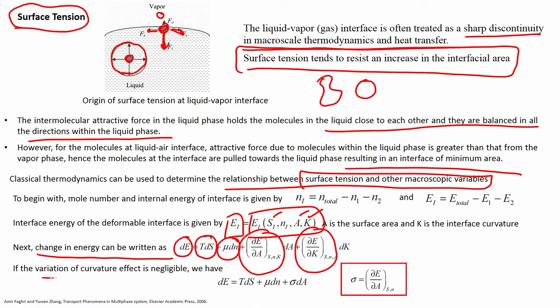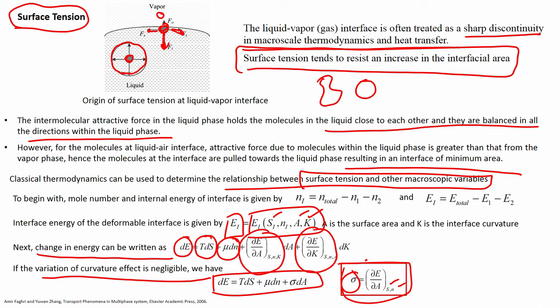If the variation of curvature is negligible, you have a relationship like this, where the surface tension is nothing but the change of internal energy with respect to area, given entropy and the number of moles are constant. So, this is one of the definitions. You can have multiple other definitions in terms of the Gibbs free energy, the Helmholtz free energy, etc. But the essential concept of surface tension is that it tries to minimize the surface area.